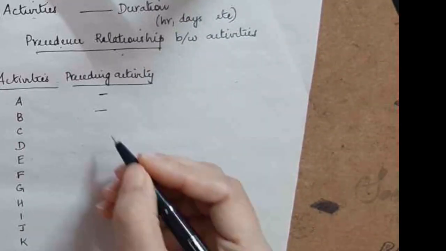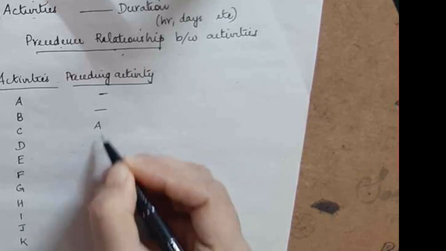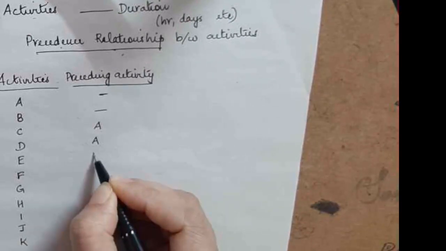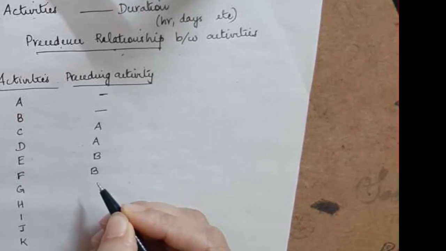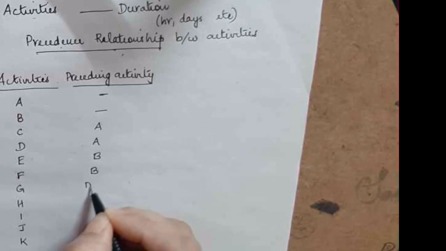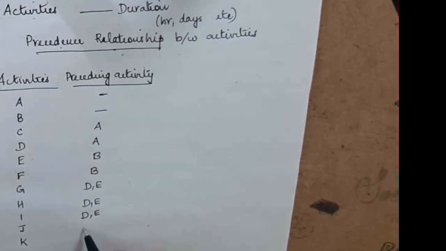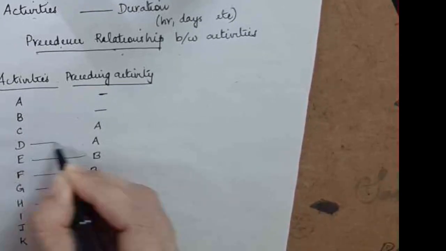C and D have activity A. E and F have activity B. G, H, I have activities D and E. J has activities C and G, and K has activities F and I. Just draw a line to show which one is which.